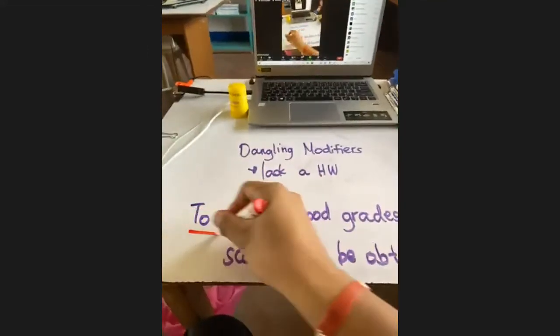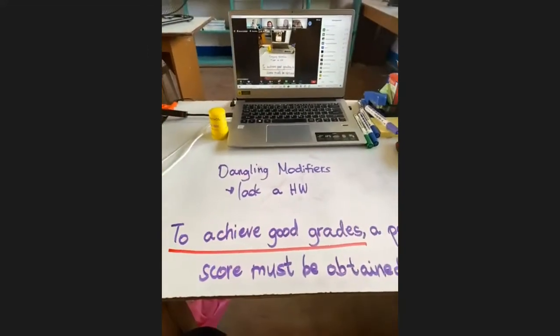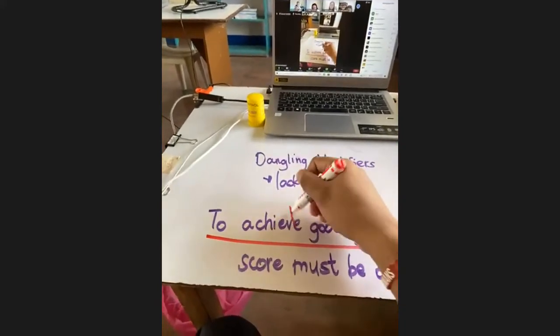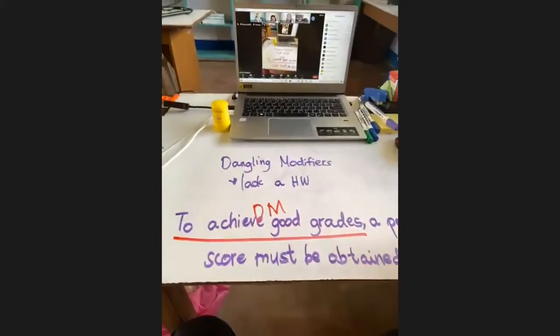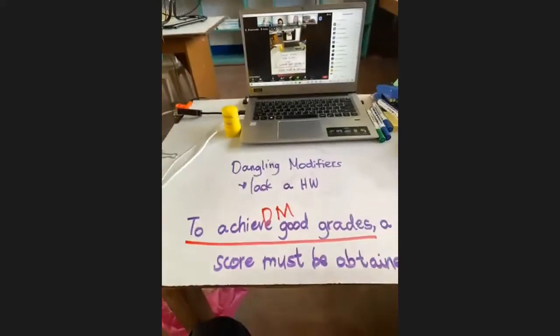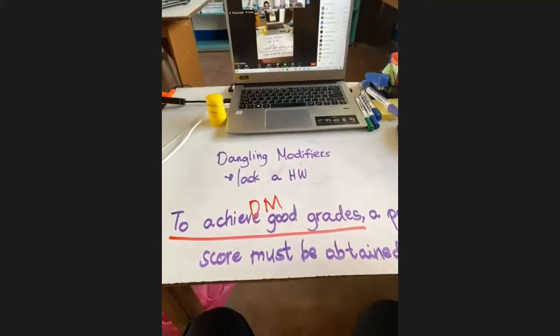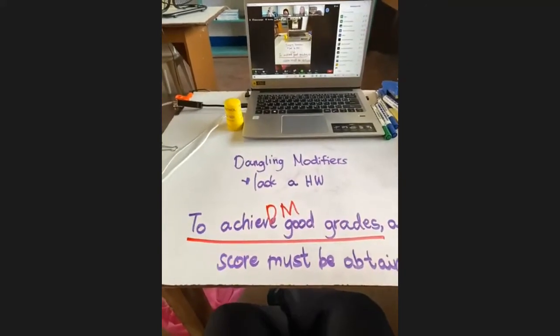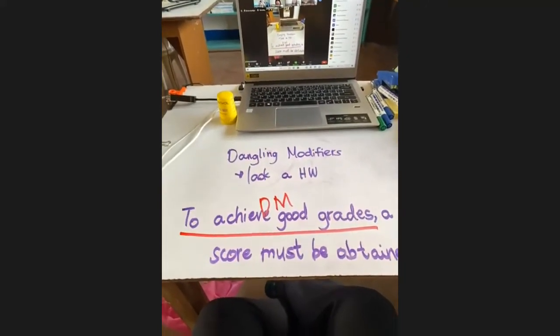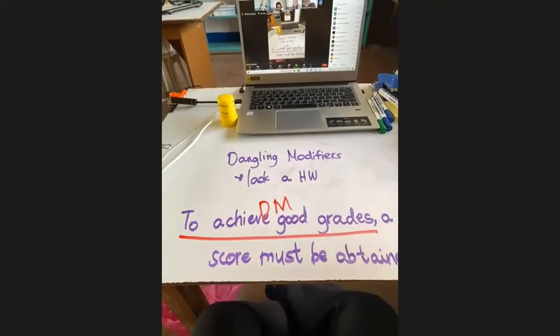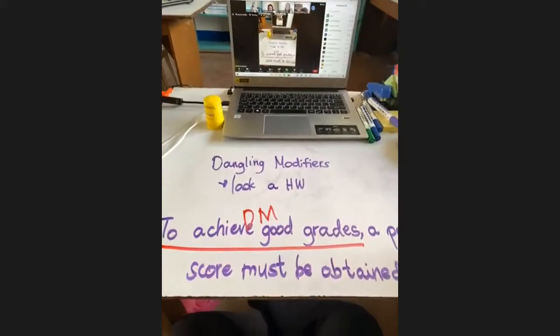It's this one. This infinitive phrase is a dangling modifier, since it does not have a clearly stated word that it is supposed to modify. So how do we revise a sentence with a dangling modifier? Simple. We provide a word that it is supposed to describe.